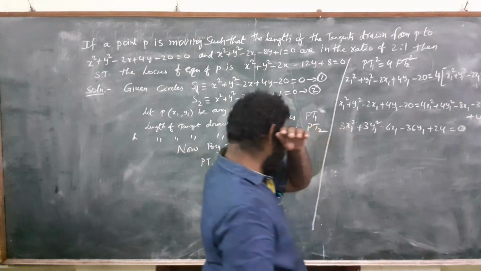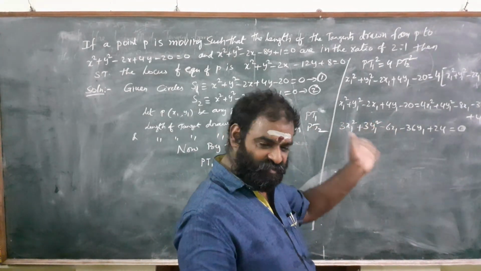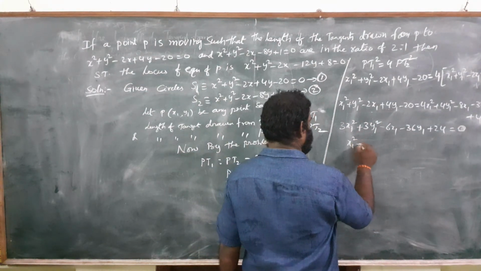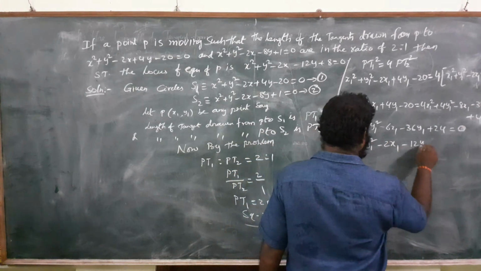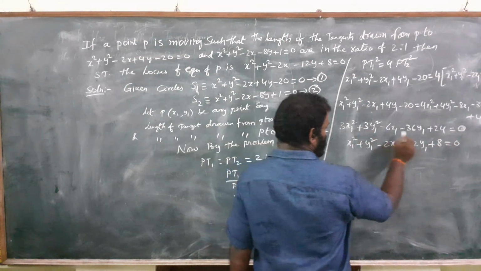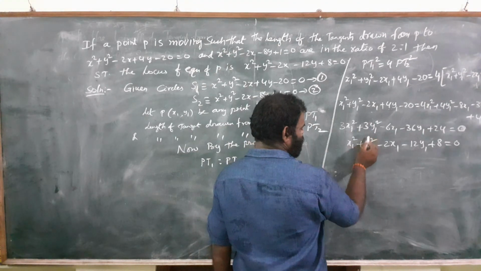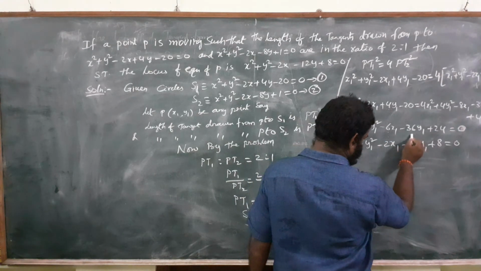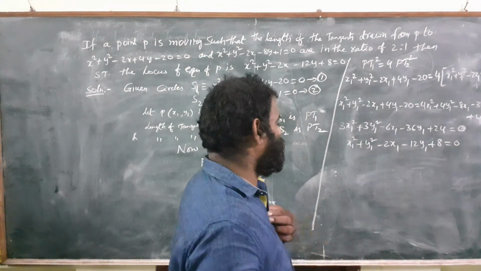Throughout the equation you have to divide it by 3. Then what happens when we divide this by 3? x1 square plus y1 square minus 2x1 minus 12y1 plus 8 equal to 0. Dividing by 3, the 3 cancels for x1 square and y1 square, 6 by 3 is 2x1, 36 by 3 is 12y1, 24 by 3 is 8, equal to 0.